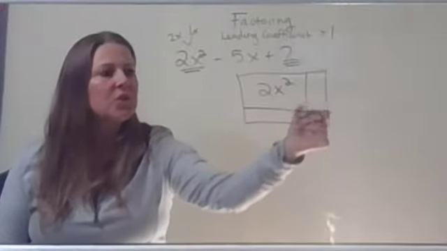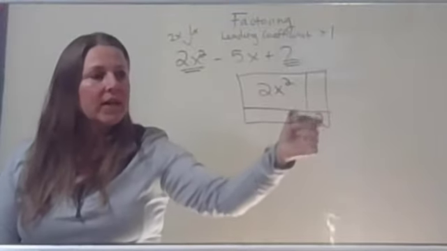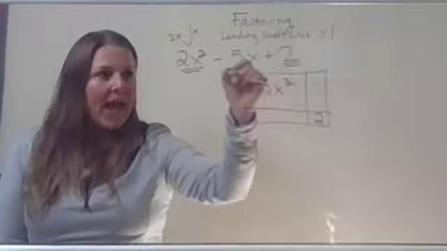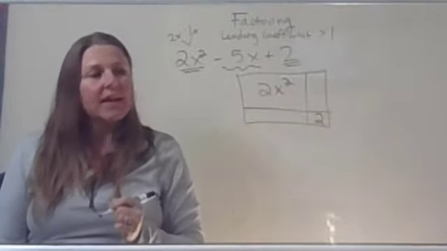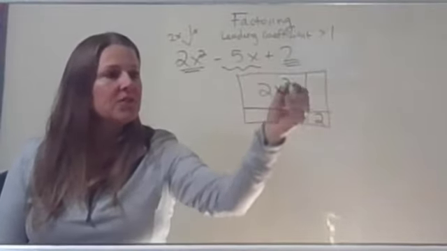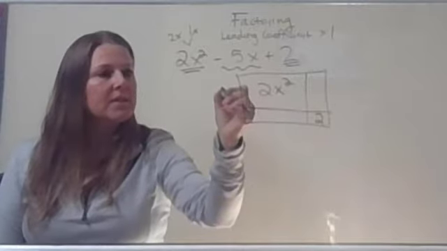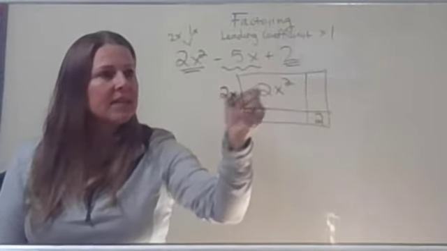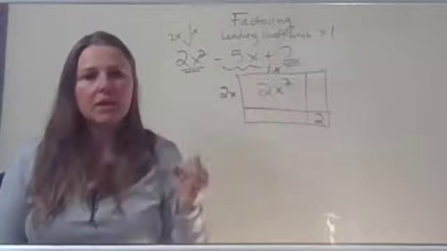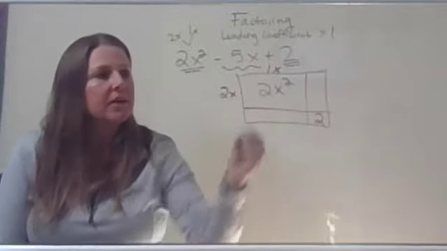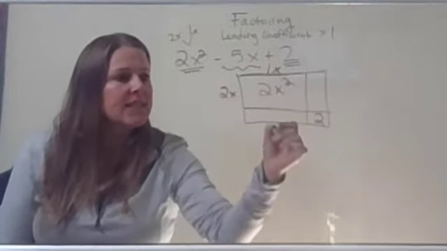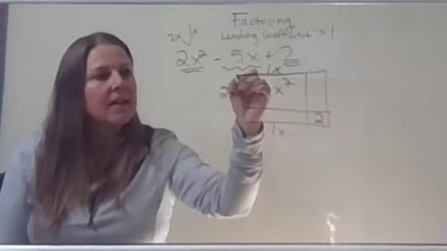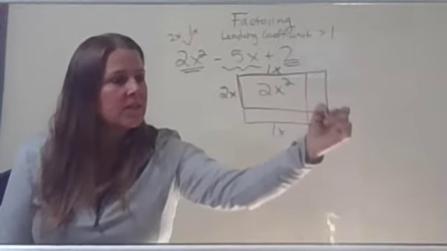And then these two boxes would add to give you the negative 5x. So if this is 2x squared, one of the dimensions would need to be 2x, and one of the dimensions would need to be 1x. It doesn't really matter. If this is 1x, this is also 1x. And if this is 2x, this is also 2x.